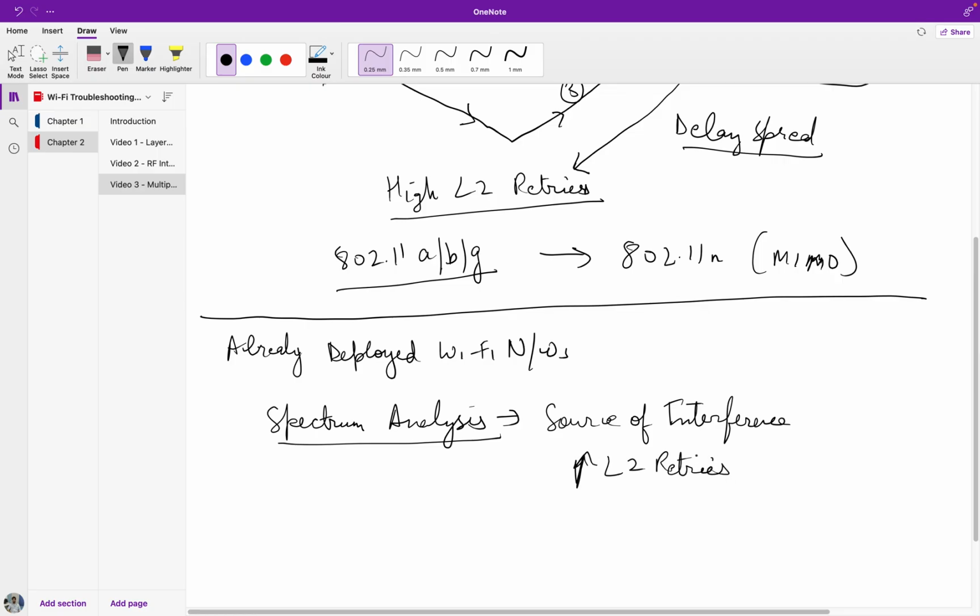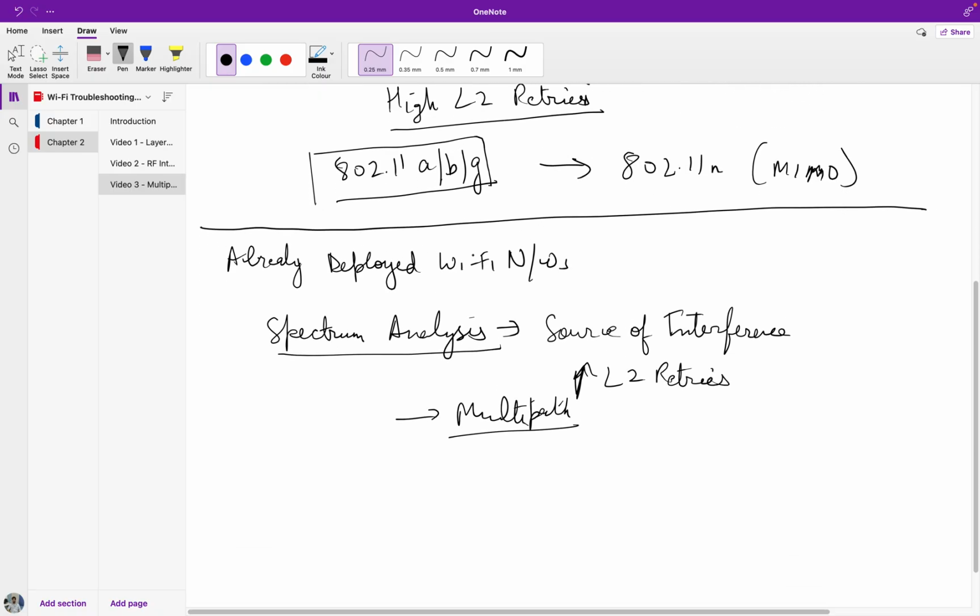If you do not see any other source of interference, or any other likely cause for L2 retries being very high, you basically say it's because of multipath. It is very common in networks that are running .11 a, b, g.